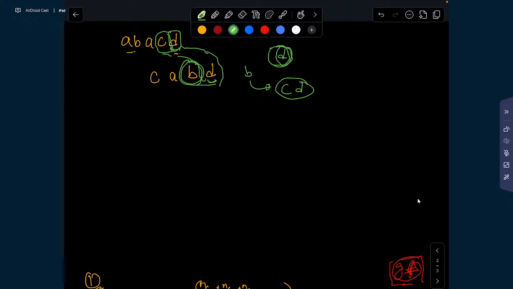This is not DP, this is a greedy approach actually. So this will make it B, C, D. So you see CD is intact and we also got BD here. Then we have A's and A's which will eventually make BA only.